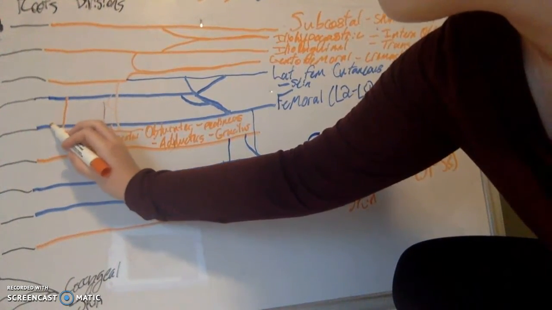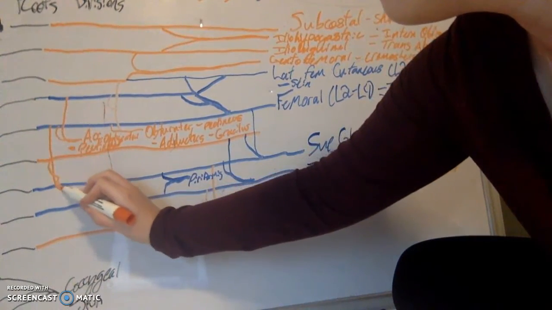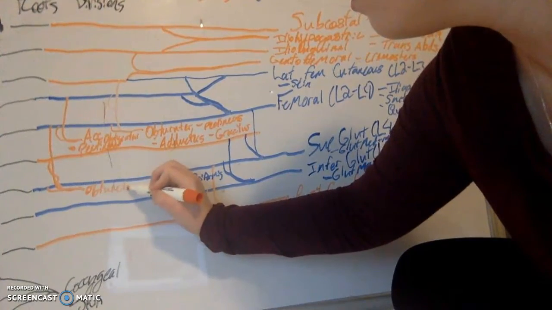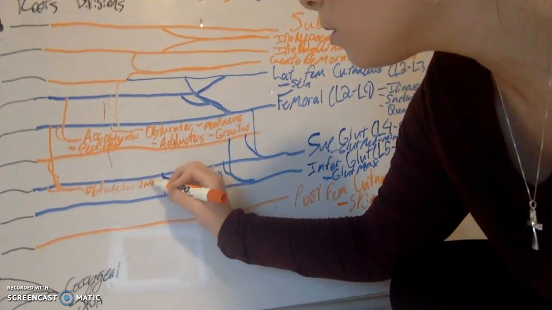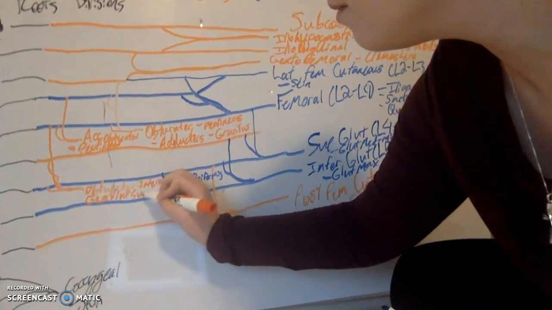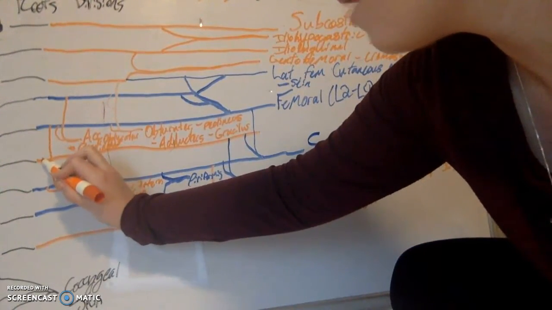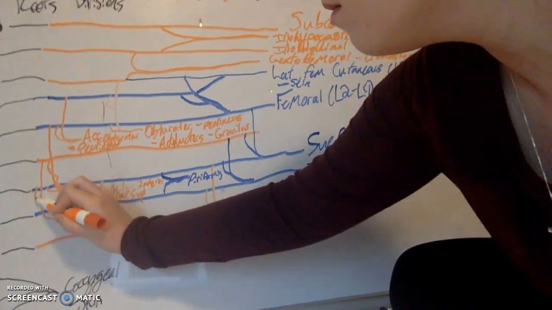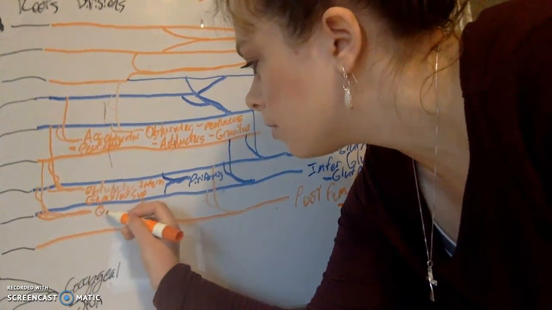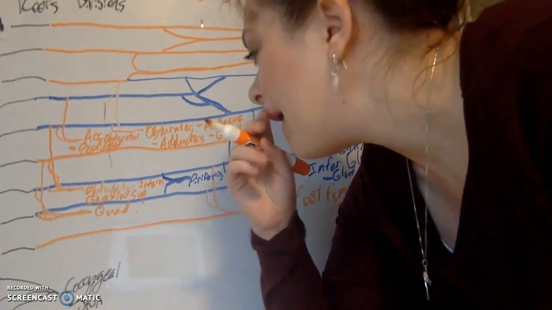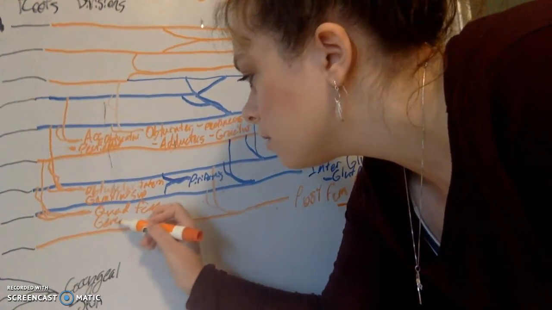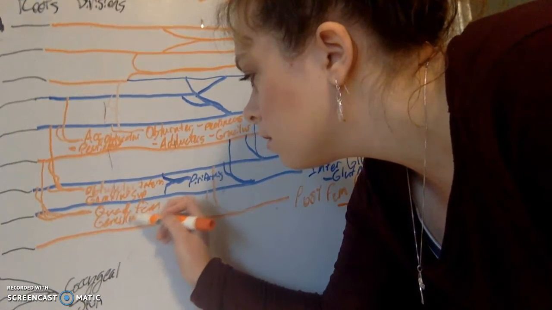And then from L4, L5, and S1, we are going to have the nerve that will go to the obturator internus, as well as the gemellus superior, and then fibers coming from L5, S2, and S1 we are going to have the nerve going to the quadratus femoris, as well as the gemellus inferior.